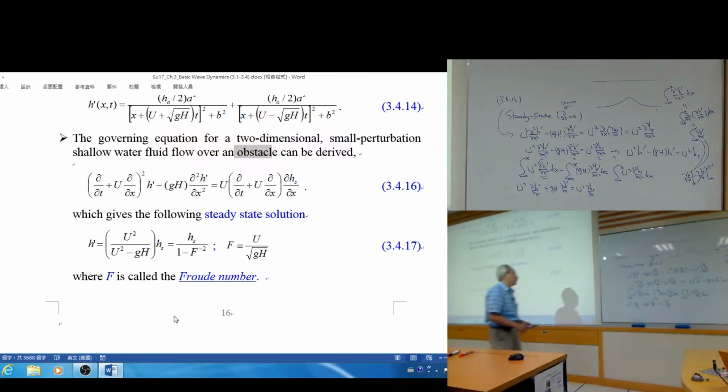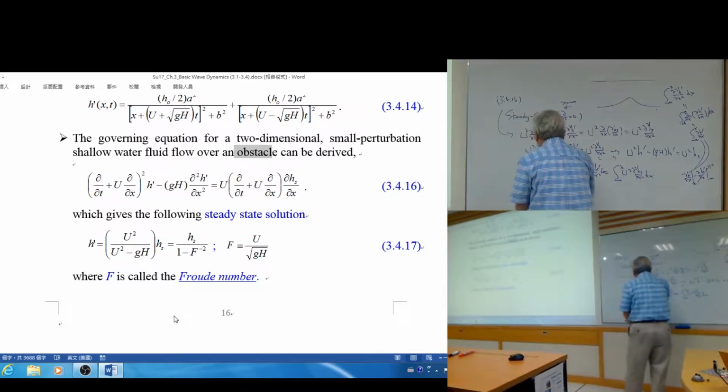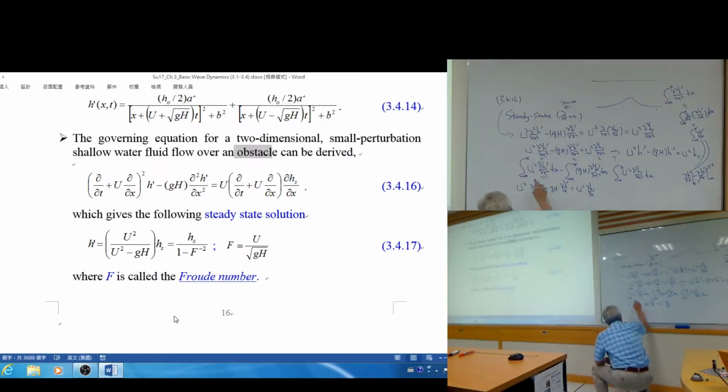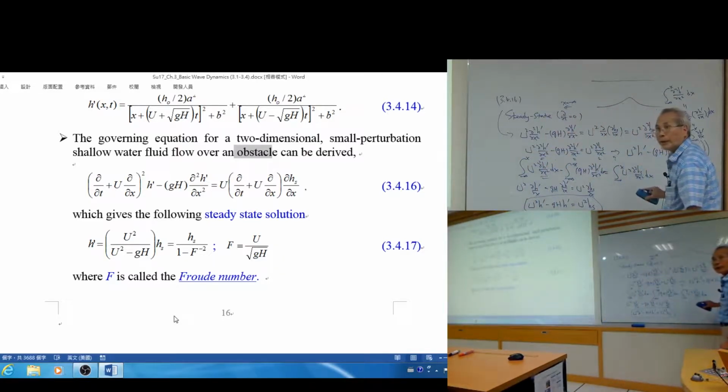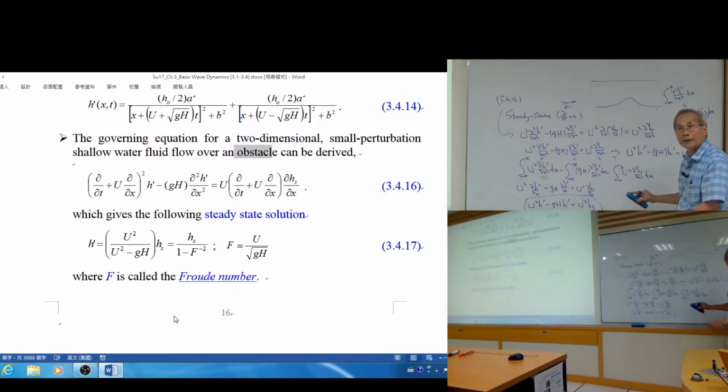So anyway, you do one more time, then this will become u squared h prime minus gh h prime equals u squared h sub s. Agree? Understand me?